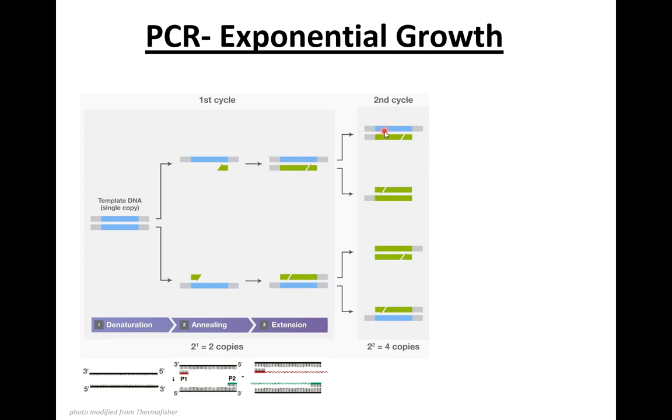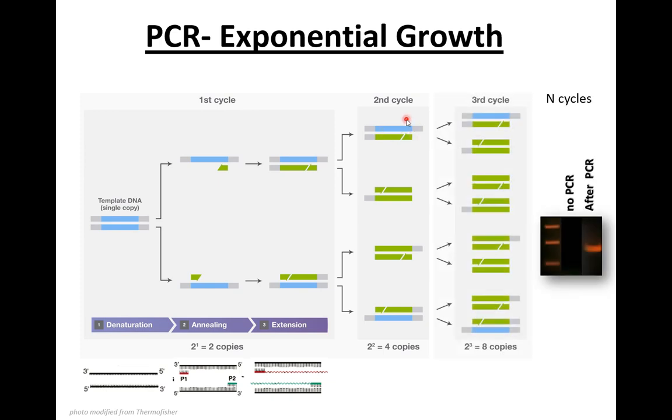Now if you keep going, third cycle, the same thing would happen. What I want to point out to you here is two things. First of all, how in the long run, what you're really going to be amplifying. At the beginning, the DNA polymerase goes past the target sequence. You can see here and here as well. This at the beginning is predominant in your sample, but in the long run, what is really going to be amplified is what we refer to as the amplicon, which is the sequence between the beginning and the end of the two primers.